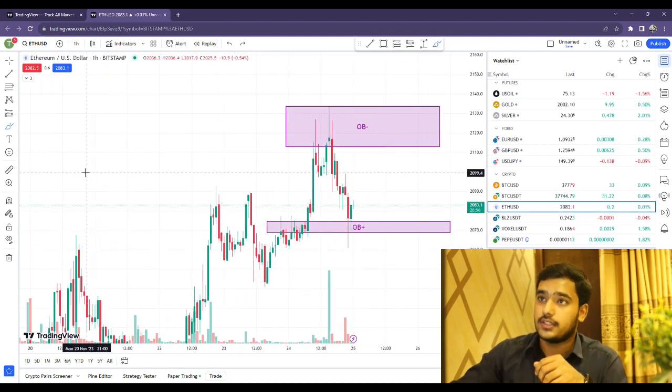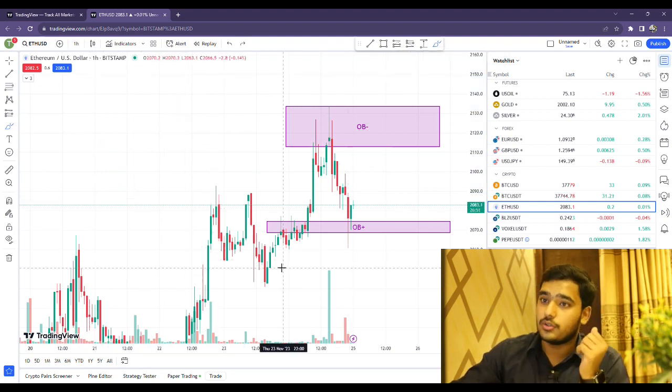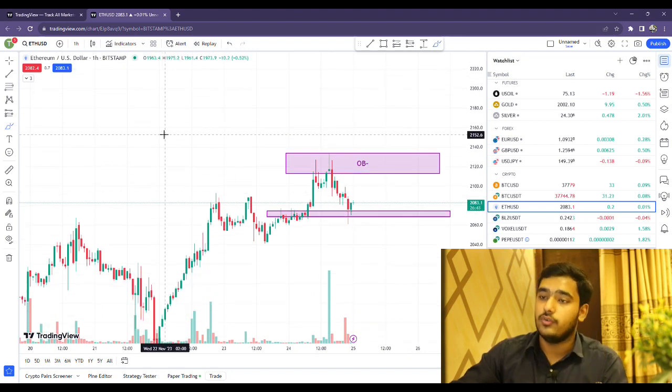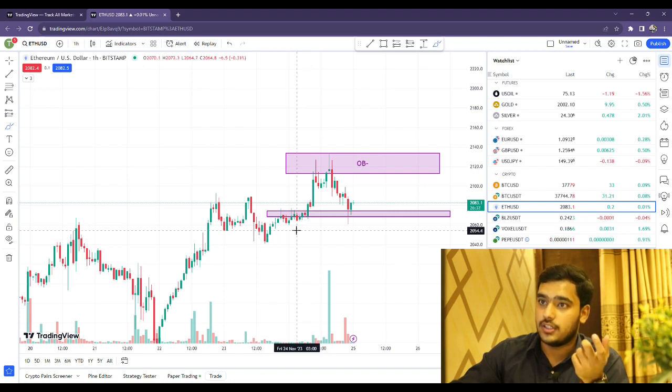I showed you the example here, right? But let's see it on the Ethereum chart. As you can see on the 1 hour chart, we have higher highs and higher lows. The market is moving towards the upside, followed by the previous high. As I told you earlier, the previous high we just keep retesting and going up.